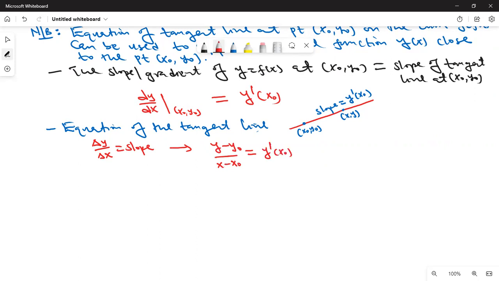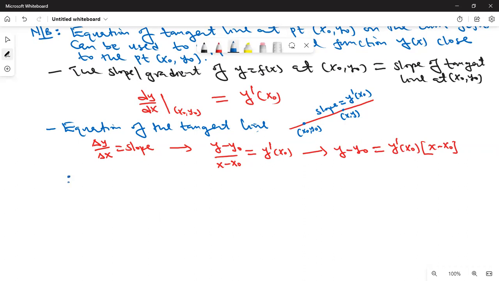And if you cross multiply, we are going to get y minus y naught is equals to y prime at x naught times x minus x naught. So therefore, you can now make y the subject.